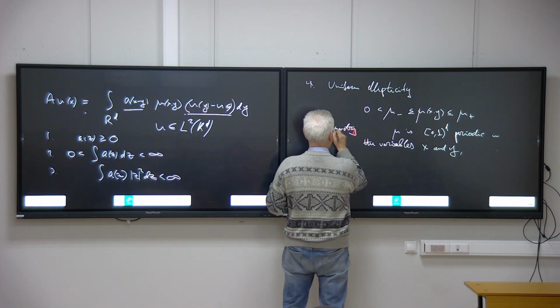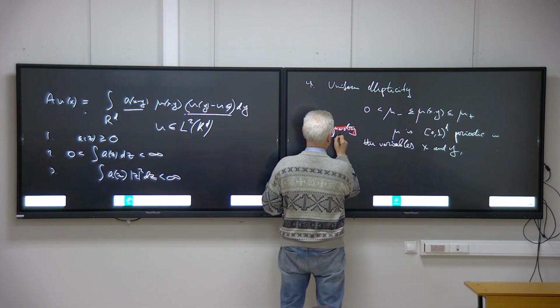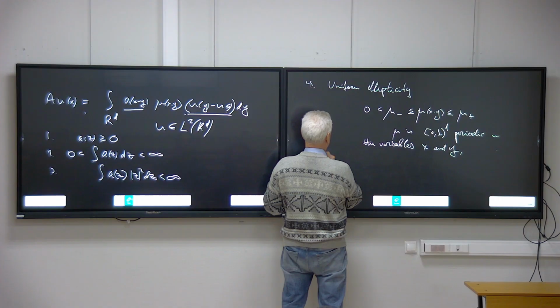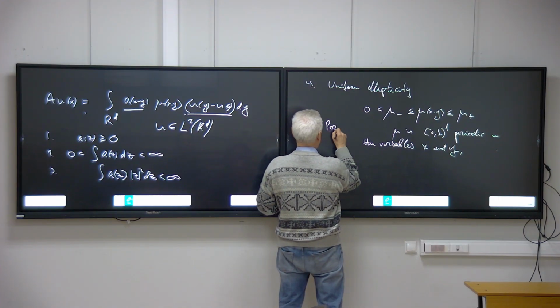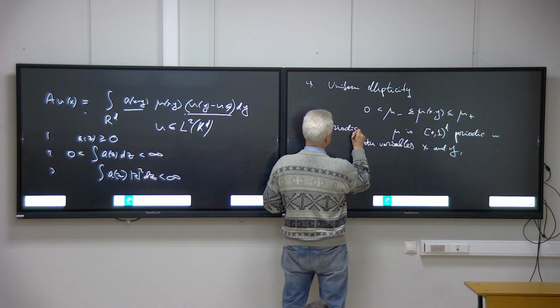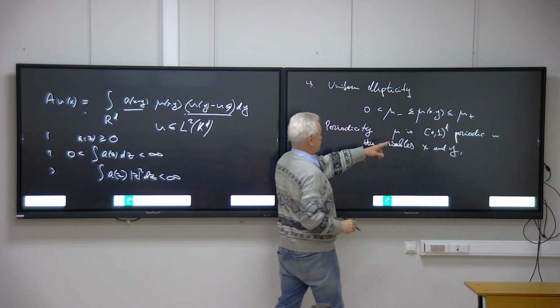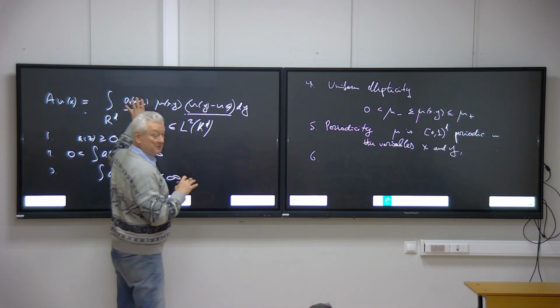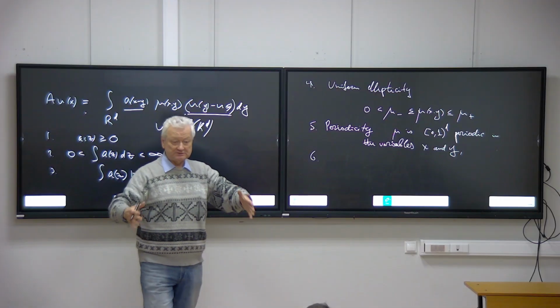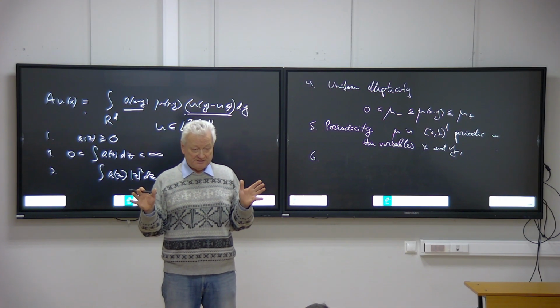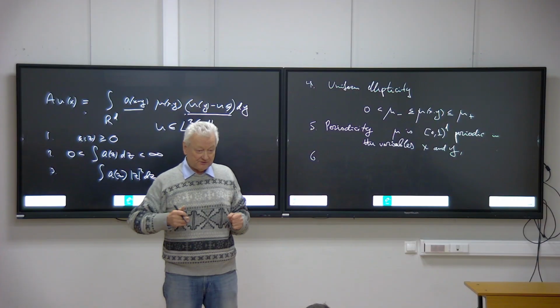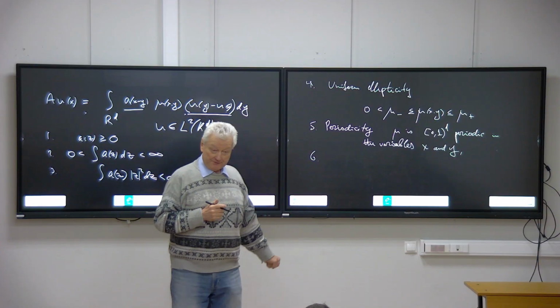It's periodicity. That's the periodicity condition. On A, we do not impose it. A is the localizing part of the kernel, so we do not assume any periodicity, of course. It's an integrable function. Mu is periodic.